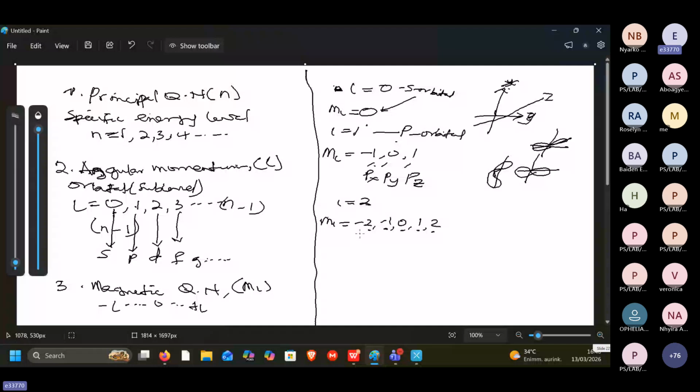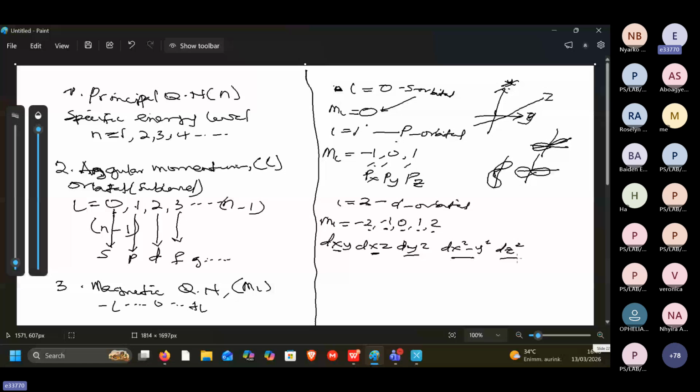So the D orbital has 5 different orientations. In terms of X, Y, Z direction, we can say that this is DXY, DXZ, DYZ, then DX squared minus Y squared, and then DZ squared. 5 different orientations for the D orbital.